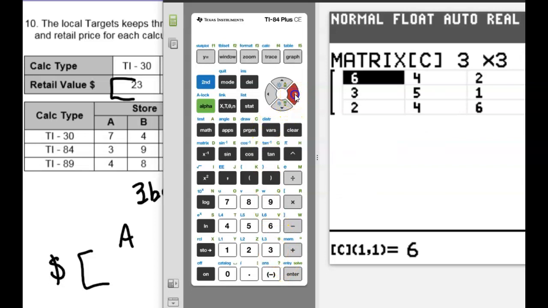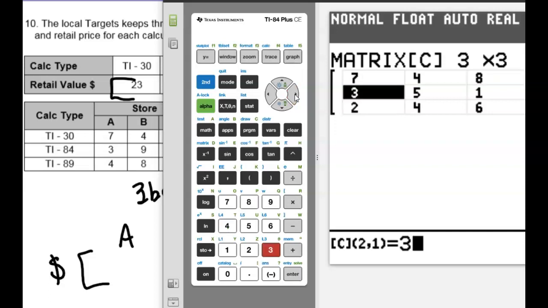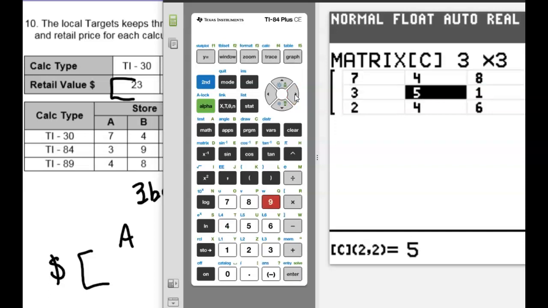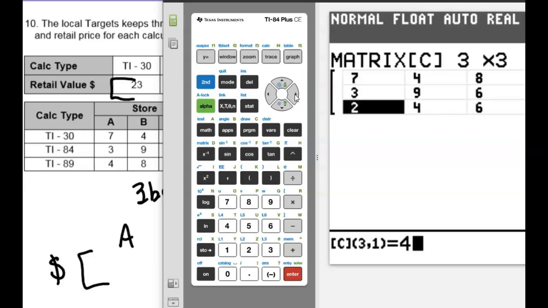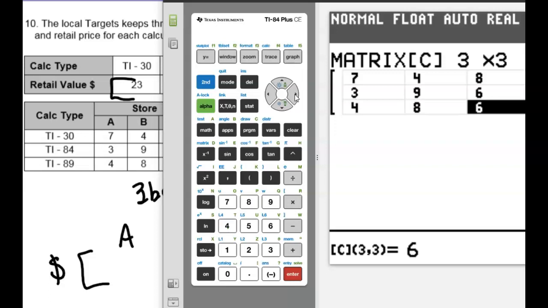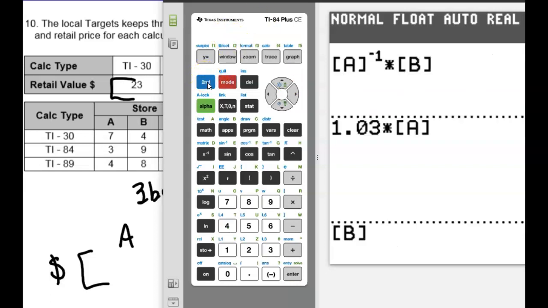Okay, what do I got? 7, 4, 8, 3, 9, 6, 4, 8, 3. Thank you, Destiny. Okay. And then that's the order I needed them in, right?